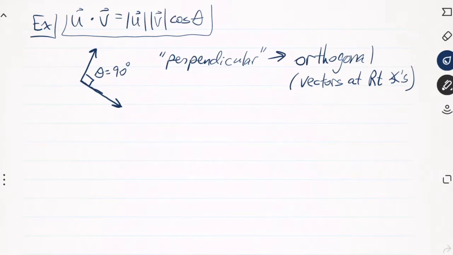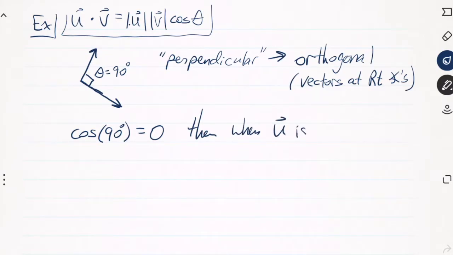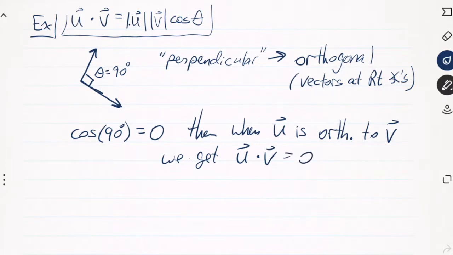So the second part of this is, if cosine of 90 is equal to 0, then when u is orthogonal, I'm not going to spell out the whole word, to v, we get u dot v is equal to 0.